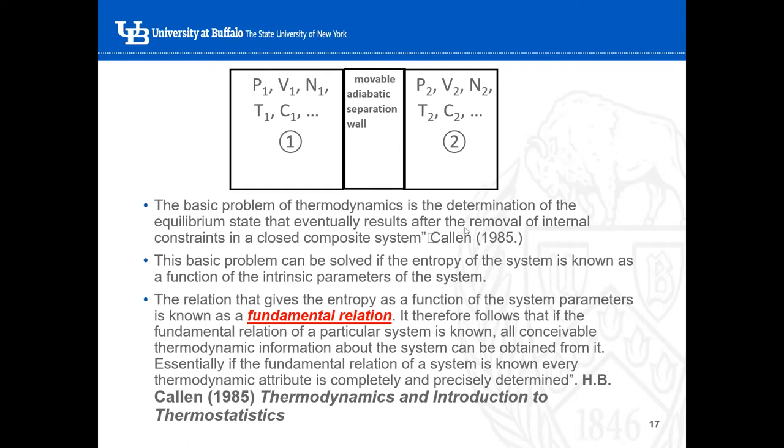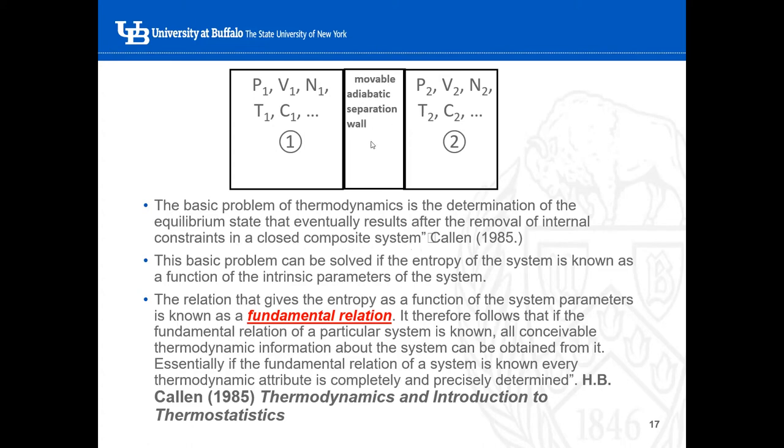Callen in 1985 wrote one of the best thermodynamics textbooks that I know of. He says the basic problem of thermodynamics is the determination of the equilibrium state that eventually results after the removal of internal constraints in a closed composite system.